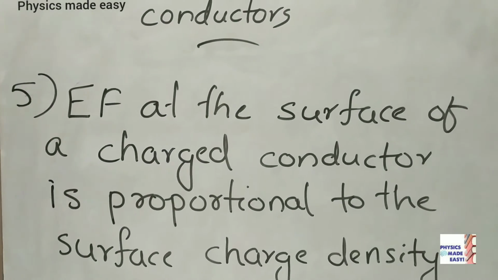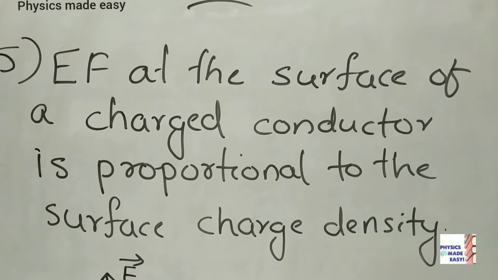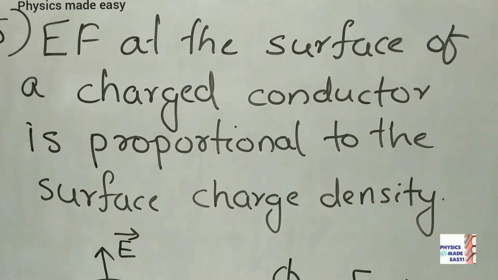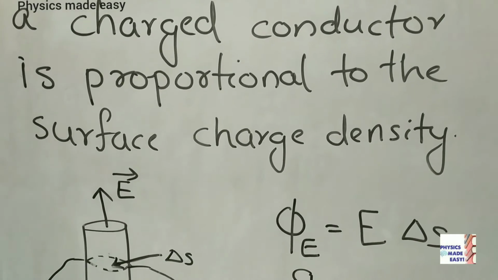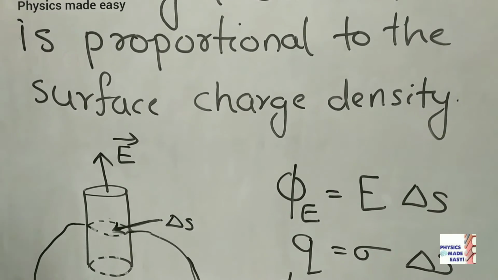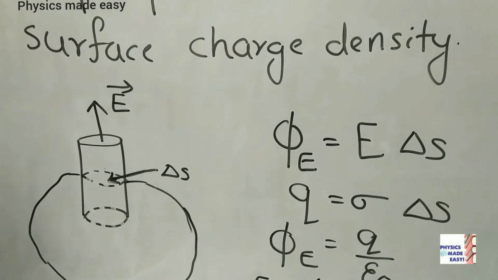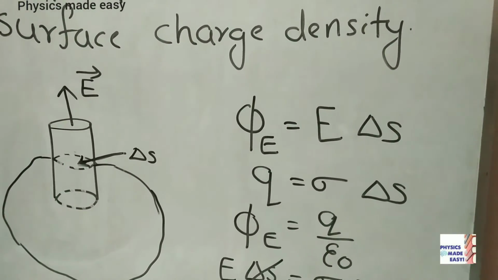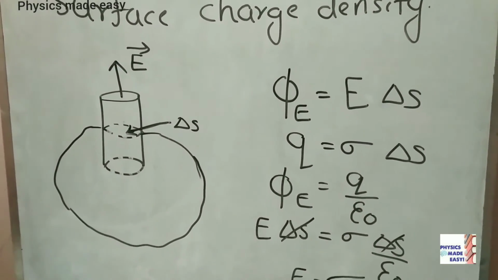Electric field at the surface of a charged conductor is proportional to the surface charge density. Here we have to consider a charged conductor of irregular shape. We can take sigma as the surface charge density at any point on the surface. For determining the electric field at a point, we choose a short cylinder as the Gaussian surface.